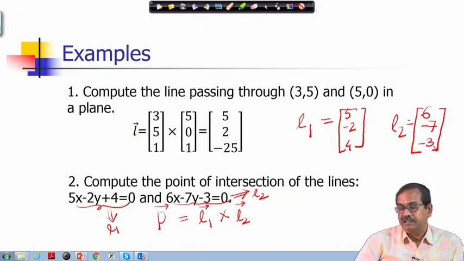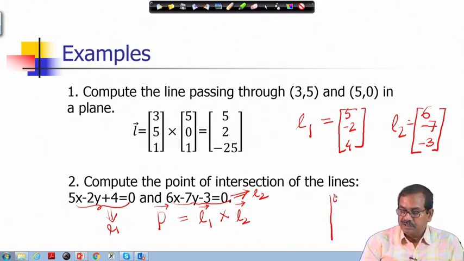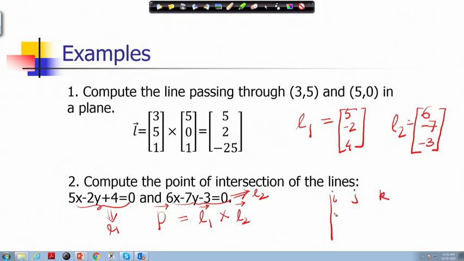So, we need to take the cross product of these 2 vectors. Once again, I will consider the same determinant i, j, k, and this would be 5, minus 2, 4, and 6, minus 7, minus 3.